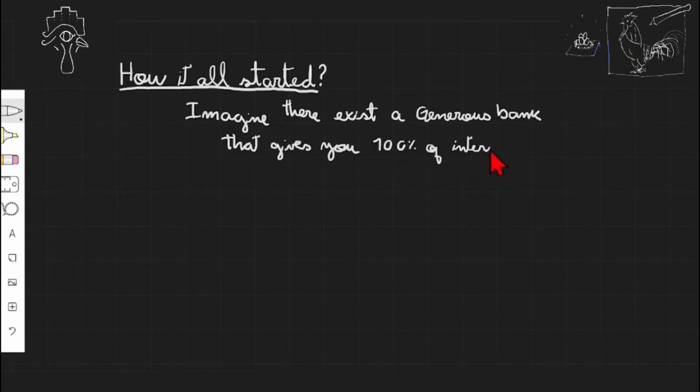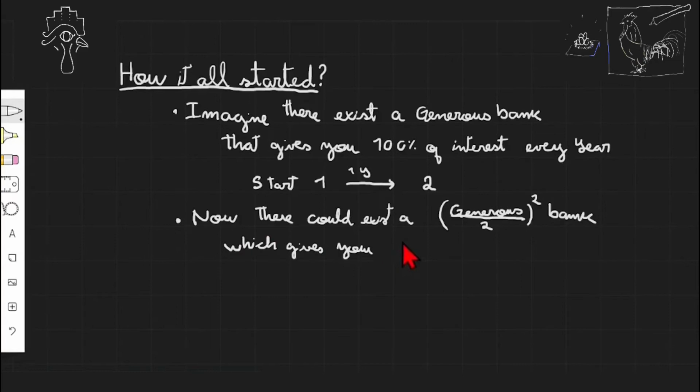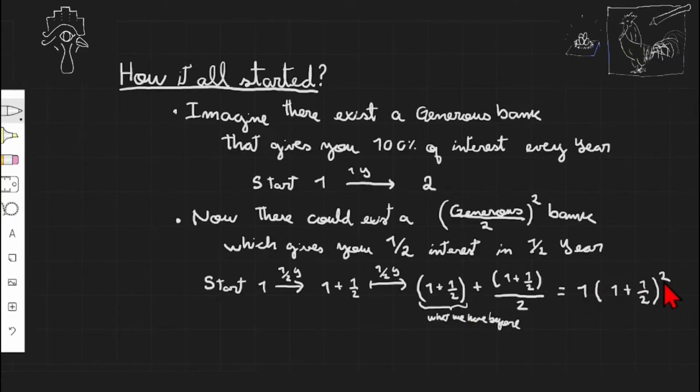Imagine there is a very generous bank which gives you 100% of interest. After 1 year, we will have double what we started with. Now it appears a more generous bank, a generous divided by 2 power 2 bank, which gives you half your interest but 2 times per year, in half a year. Then, after 6 months, we will have this amount of money, and after 1 year, we will have this amount of money.